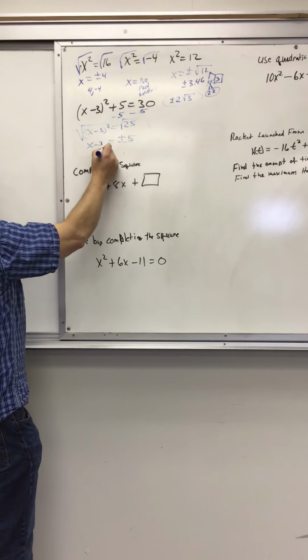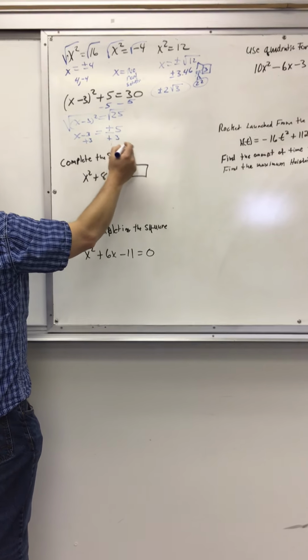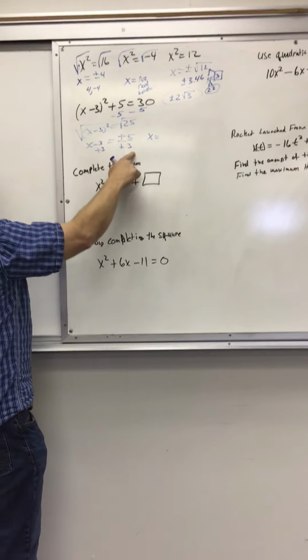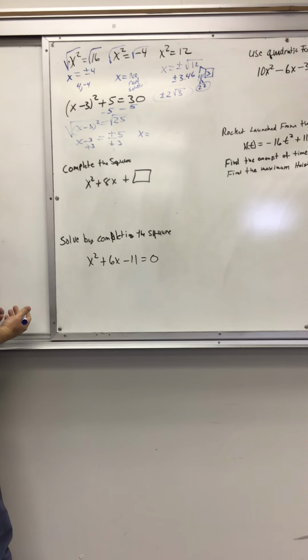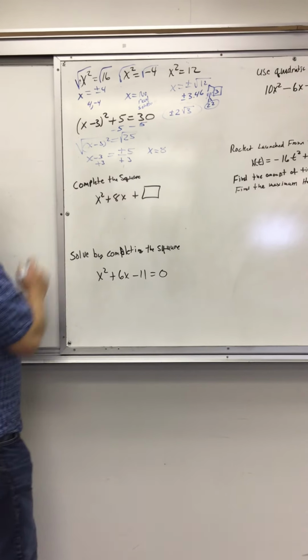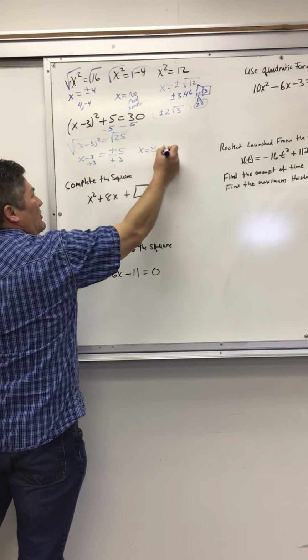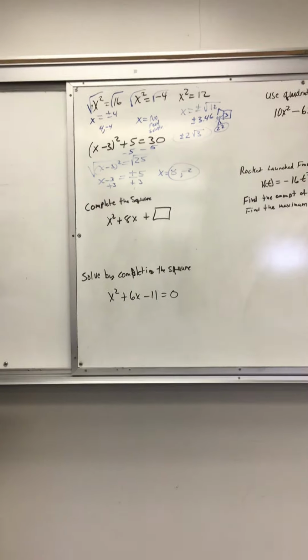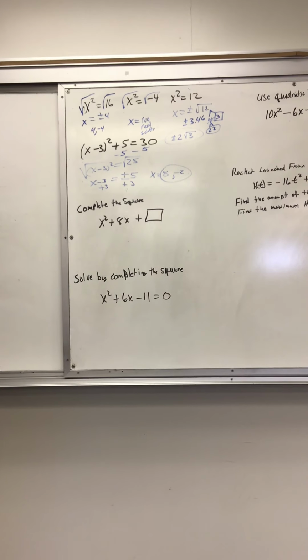Now I'm going to add 3 to both of those. So as I do this, my two answers will be positive 5 plus 3. What's positive 5 plus 3? That's 8. Negative 5 plus 3. That's negative 2. Those are your two answers, and that's how you'll write them in Alex. You'll put a comma between them.